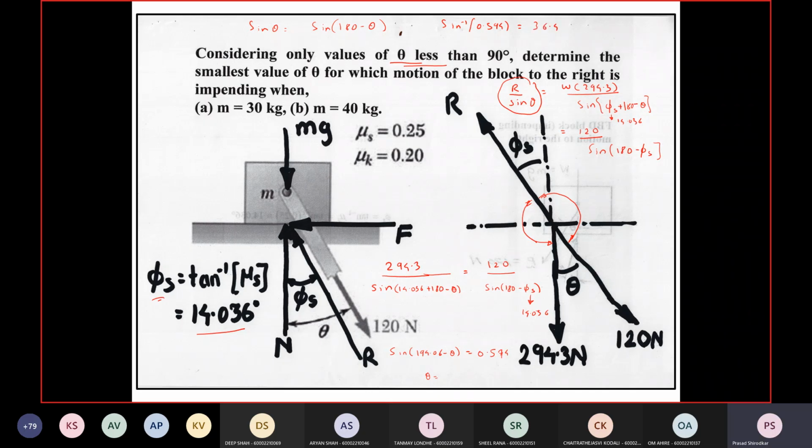But instead of taking this, because we need an angle which is less than 90 degrees, take 180 minus 36.44. So what is that value? 143.55. Okay.